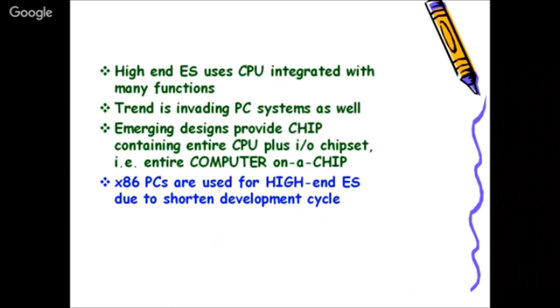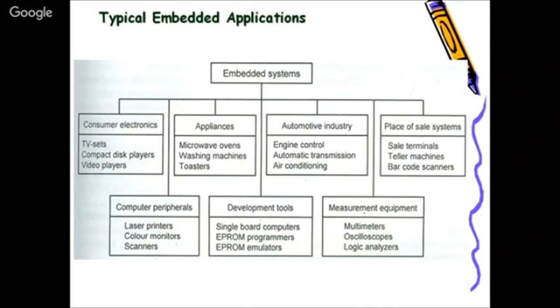And x86 based systems are used for high-end embedded systems to shorten the development cycle. Therefore, there are different applications. Why is it important to take a look at this? Because a PIC kind of controller is not something which can be used everywhere. Wherever you find the requirement, it should be deployed on that particular application only.